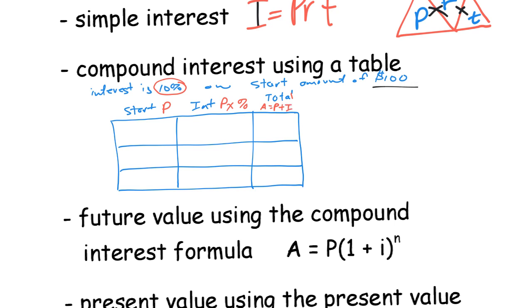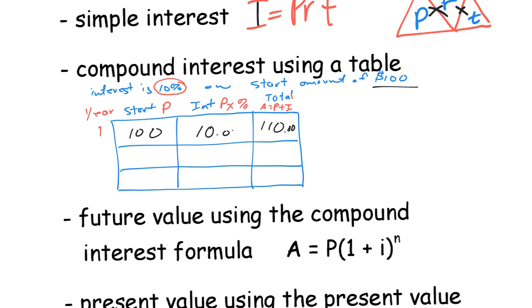Imagine I start with $100. With my $100, I'm going to multiply 100 by 10%. I get $10, right? So now at the end of the first year, you end up with a total of $110, right?